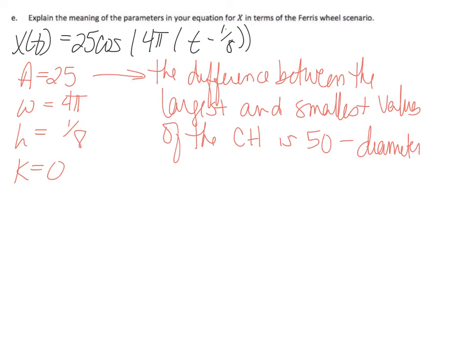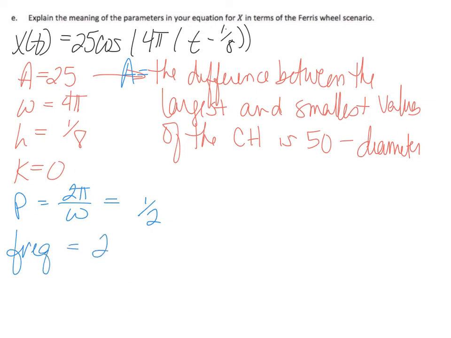The period, sorry, that was the amplitude. The period is 2 pi over omega, and omega is 4 pi. So the period is 1/2. The frequency is 2.